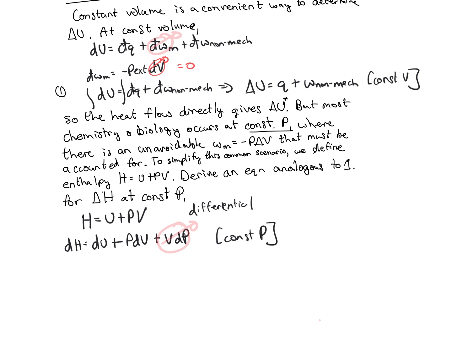Now dU, we know from the first law, is d bar q plus d bar work mechanical plus d bar work non-mechanical. Plus we still have a PdV.